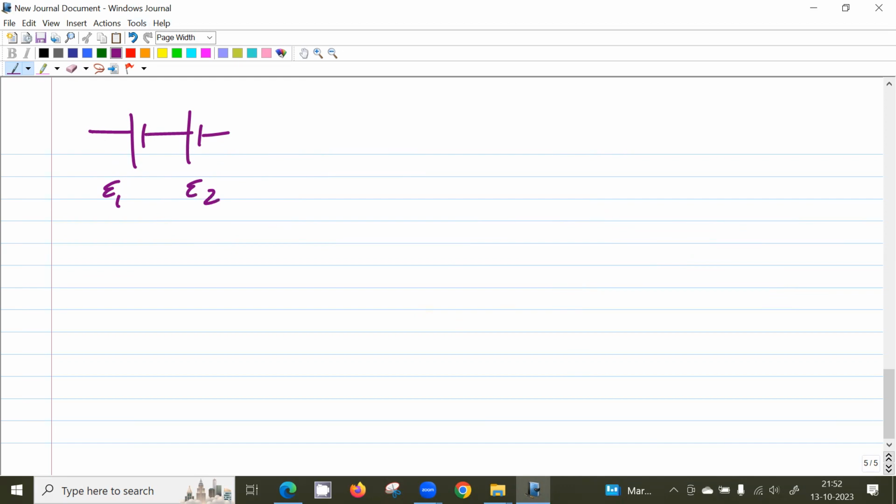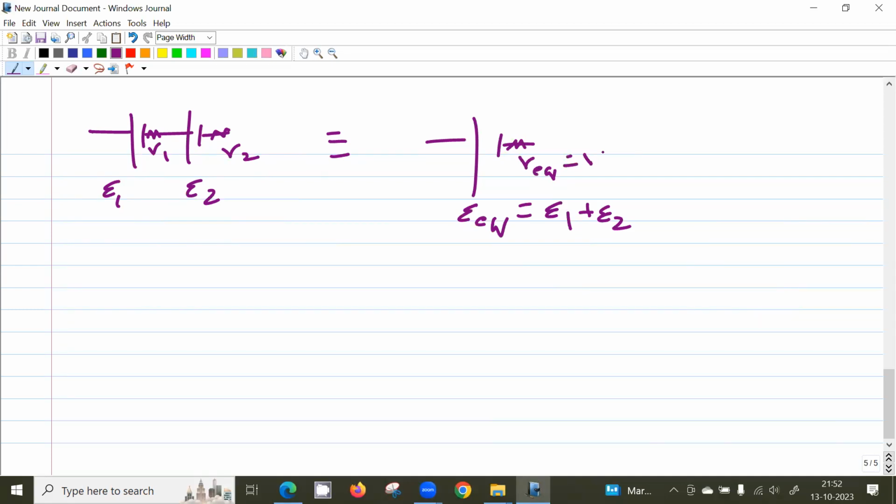There is some internal resistance because it is a real cell, r1 and r2. If we replace them by a single cell of E equivalent, then it is equal to E1 plus E2, and there will be an internal resistance r equivalent, which will be equal to r1 plus r2. In this simple series combination, voltages add and resistances add.